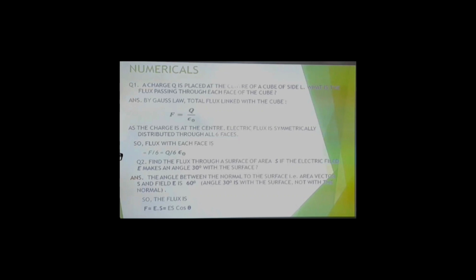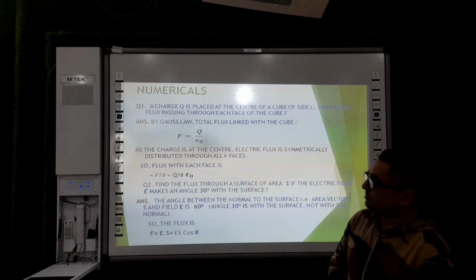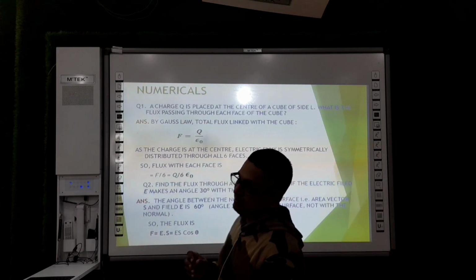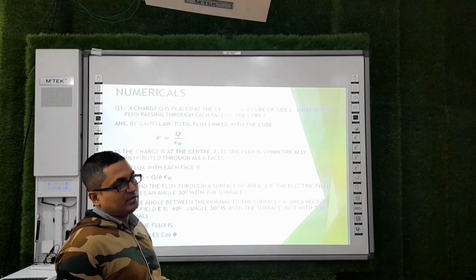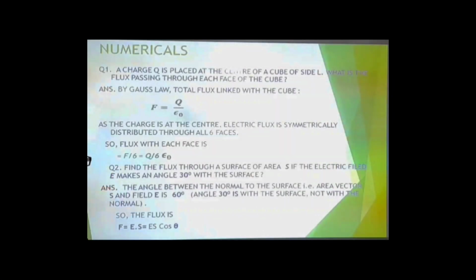While solving this kind of problem, we must be very cautious regarding the angle theta. This is the most determining part. To get it, we remember that theta is not the angle between the electric field and the surface. Rather, it is the angle between the normal to the surface and the electric field. So you must remember the word normal to the surface while calculating the angle.